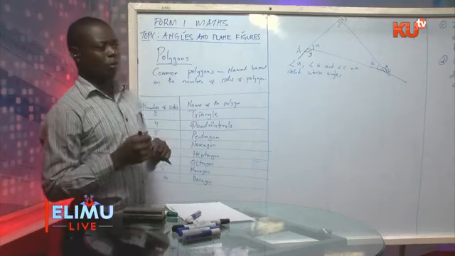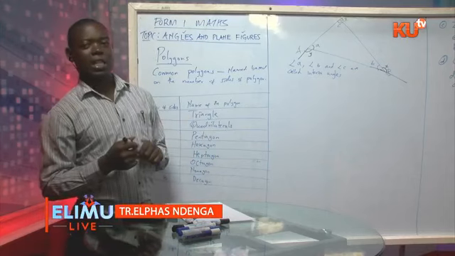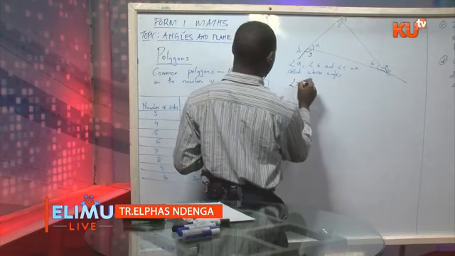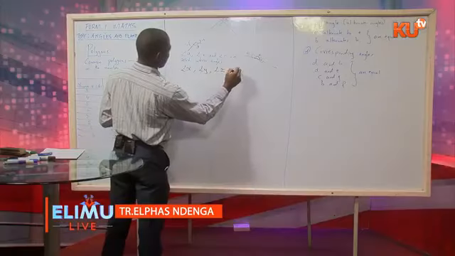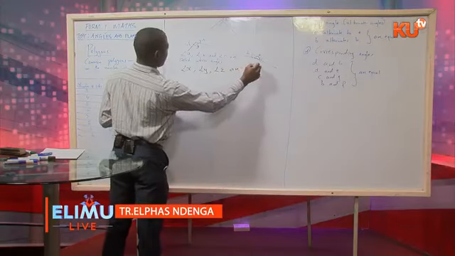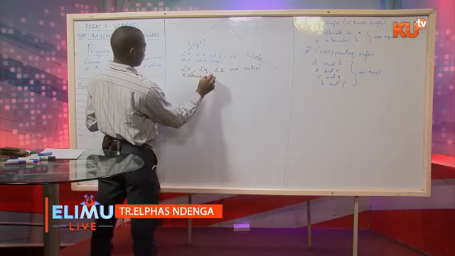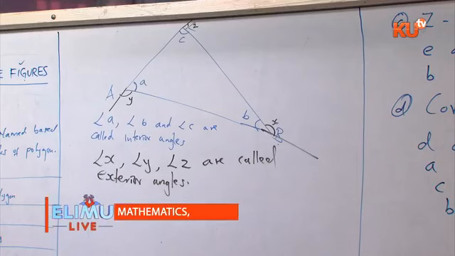They are out of the polygon. These angles are referred to as exterior angles. So angle X, angle Y, angle Z are called exterior angles.